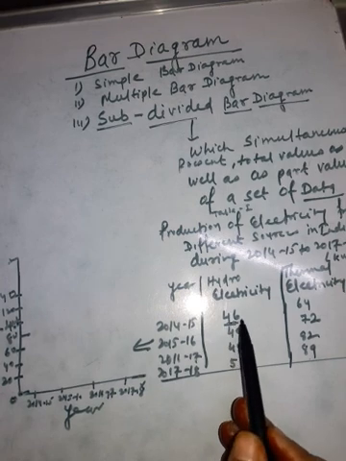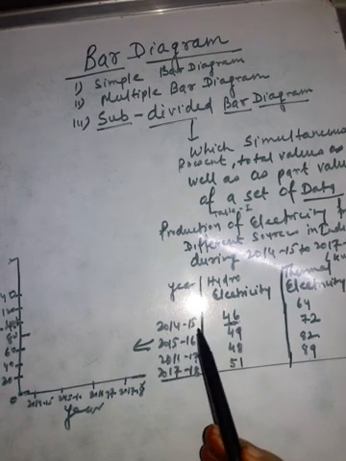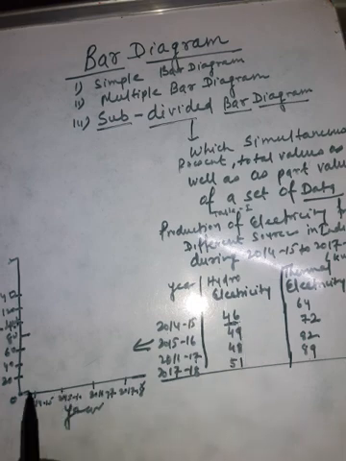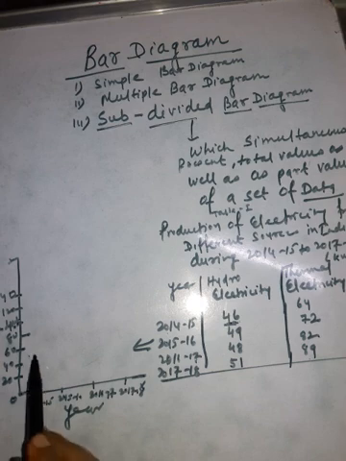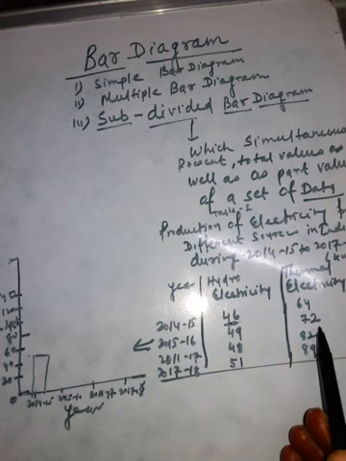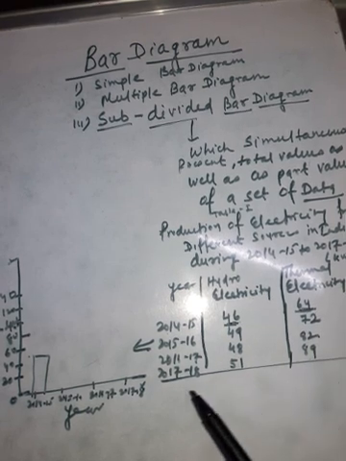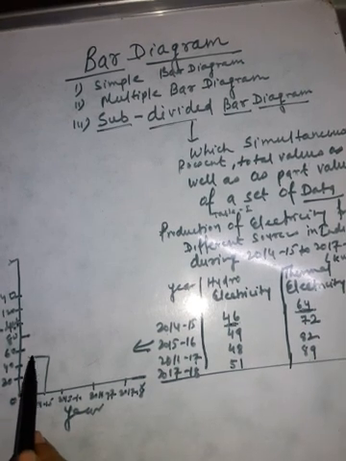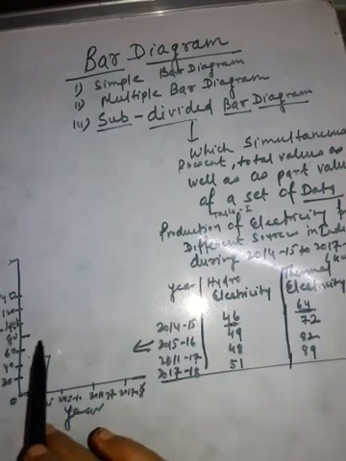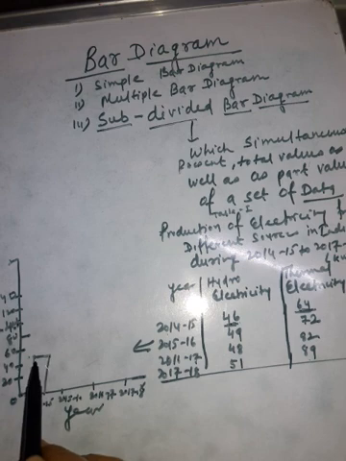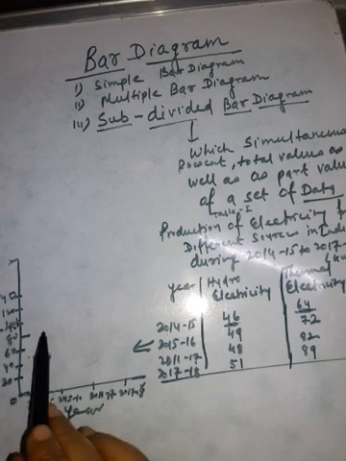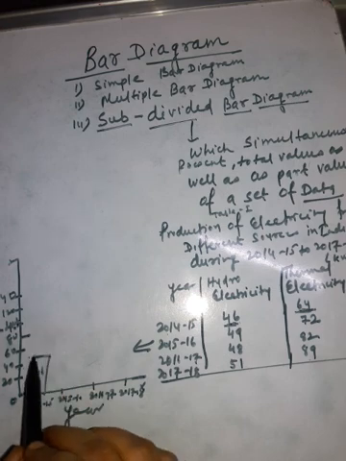Now suppose 46. Energy generated with hydroelectricity in 2014-15 is 46, so I will write 46 here. Then thermal electricity is 64. So what will we do from here? Here is 46, and after that we have to add 64.